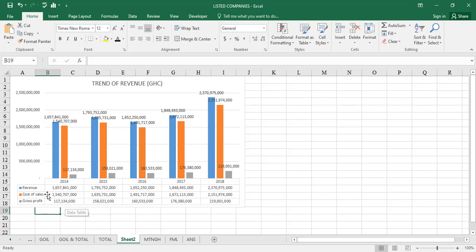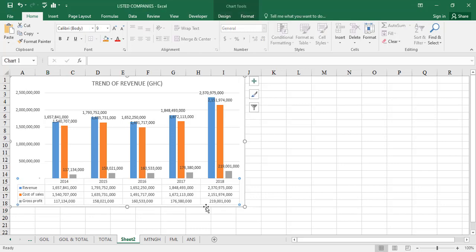In 2014, the gross profit stood at 117 million Ghana cedis, as compared to 219 million Ghana cedis in 2018. So within this 5-year period, Total Ghana has added about 100 million Ghana cedis to its gross profit, from 117 to 219 million. So this has been the revenue trend for Total Ghana.